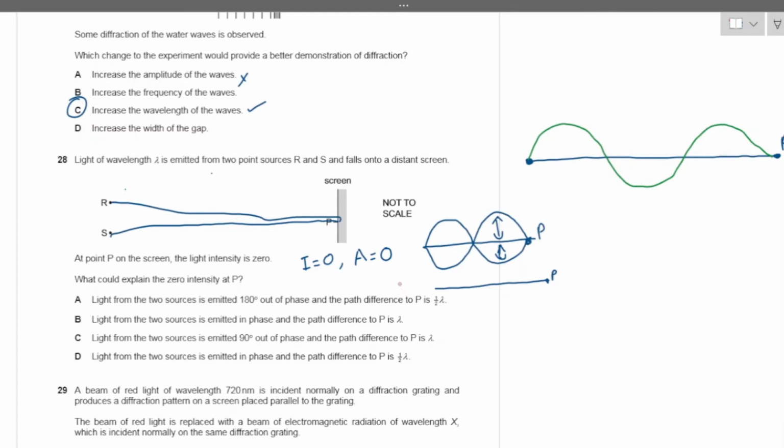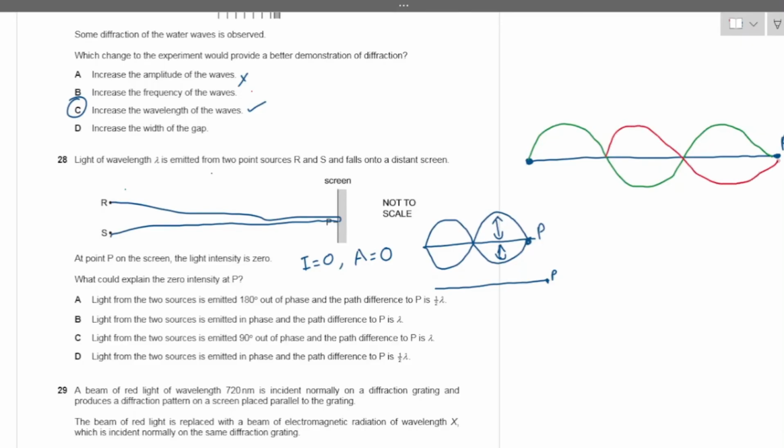Now, if you look at option D, however, light from two sources is emitted in phase and the path difference is half lambda. So we started in phase. That means that S in phase would look like this. But now they've said to us that the path difference is half lambda. Hence, the wave S would form in this way, shifted half lambda to the right.